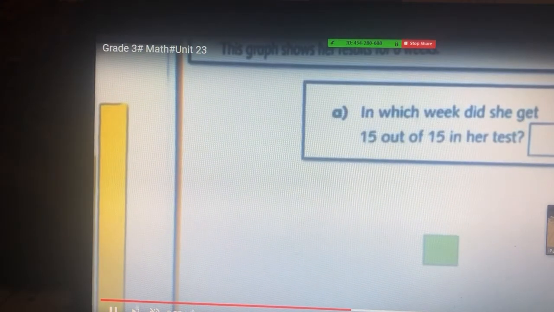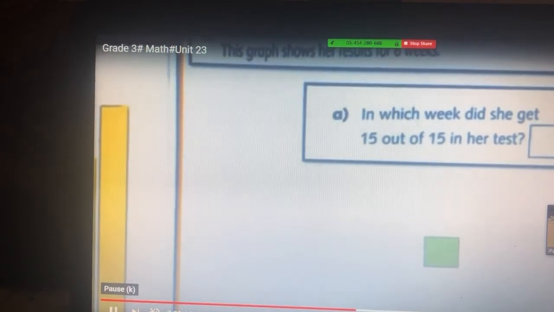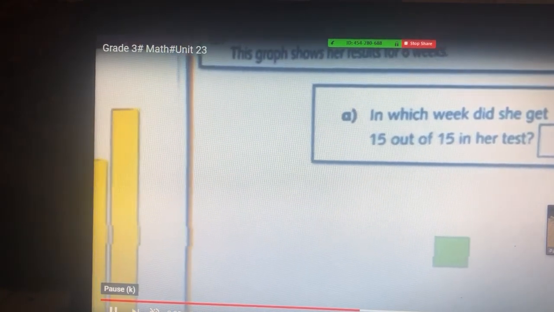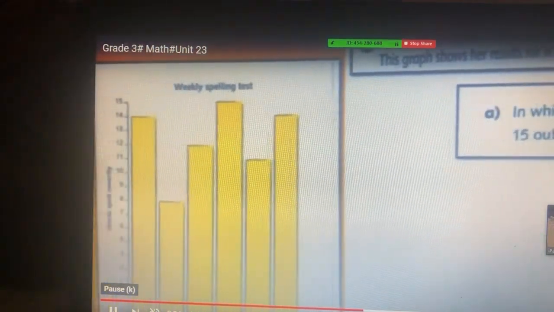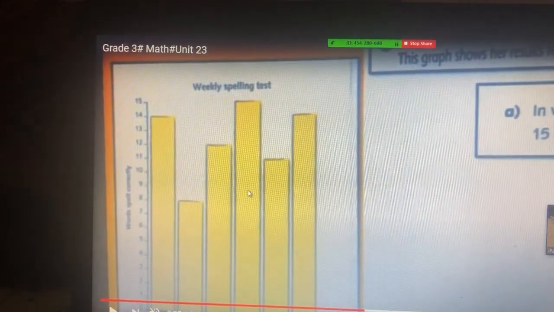If she's asking about the weeks, which part would show me the weeks? The title? Week 4. Which part helped me to see this? Is it the title or the scale or the numbers? Which one? Here, right? This part that has the numbers, right?